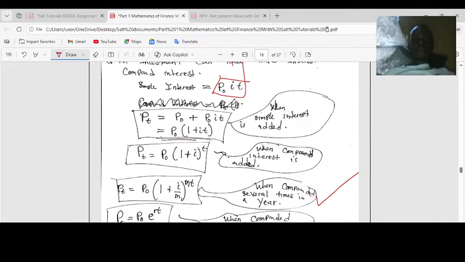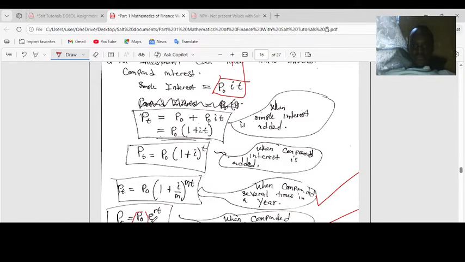Now this time around we have when compounded continuously. What do we mean? Continuously compounded means you can't count. It's difficult to count how many conversions you are having in that year. Maybe this interest is compounded every minute or every second or every hour. So we are trying to treat it as continuously compounded interest. So the formula becomes PO, what is PO? Your principal, times E to the power RT.